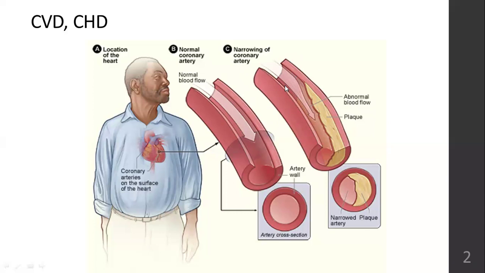There is very little area for the blood to flow because something is blocking the blood flow. Automatically this plaque can become bigger and bigger, and it can completely stop the blood flow. The area of the heart, usually the left ventricle, which is supposed to receive the blood, undergoes necrosis.